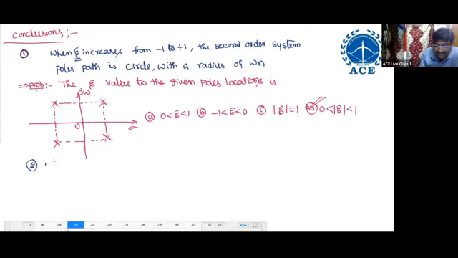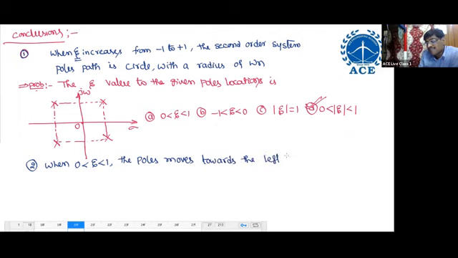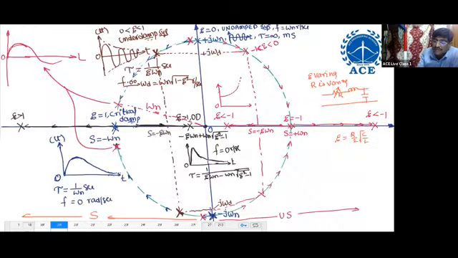When zeta is greater than 0, less than 1, the poles move towards the left and near to the real axis. Now observe here, the poles move towards the left and near to the real axis.